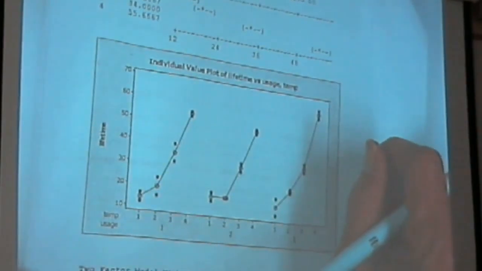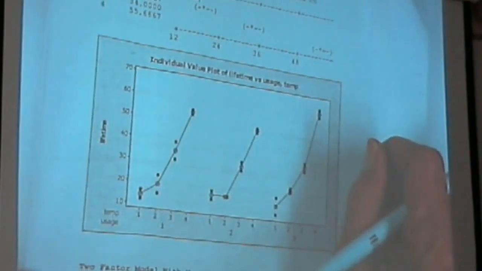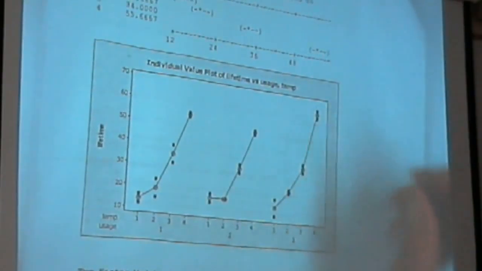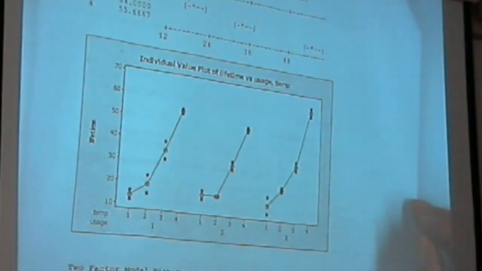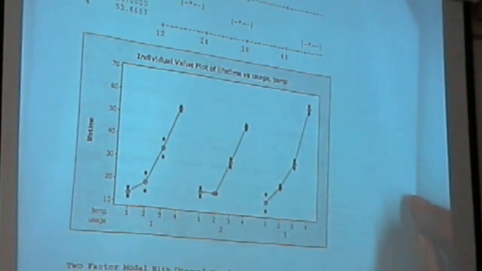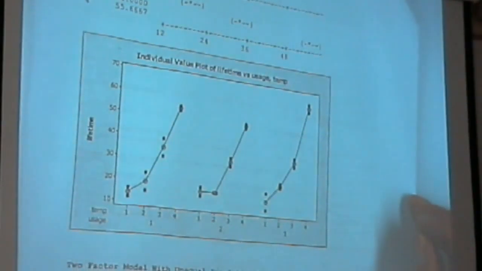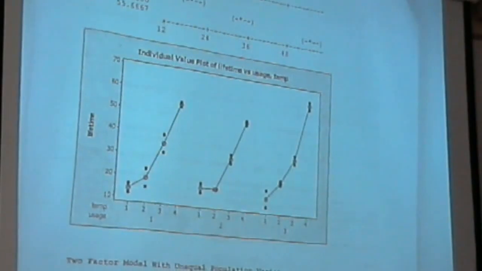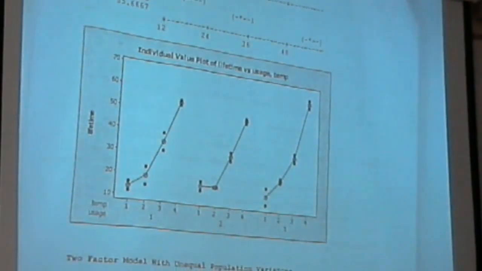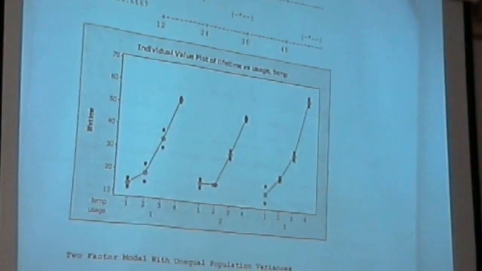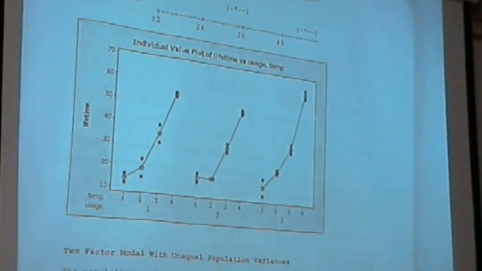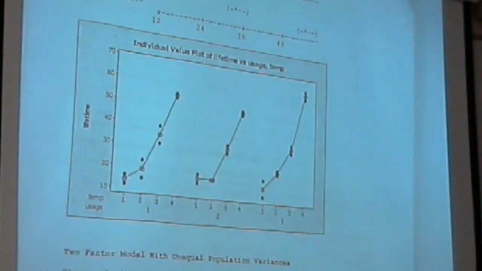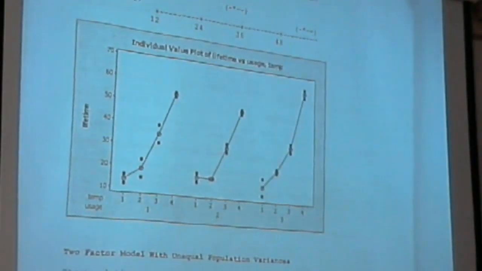Looking at the picture doesn't really tell us what's going on. Pictures help, but they don't give us the whole answer. So that's a second example, anyway, of a two-factor ANOVA data set.